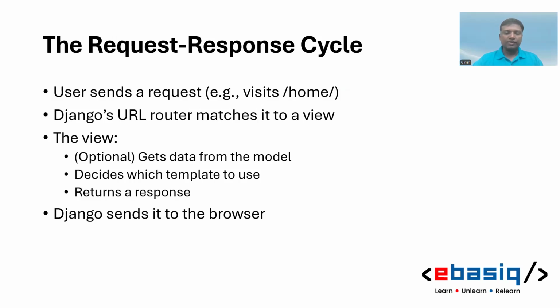Okay, and in the view, we can get data from the model if we have it connected dynamically to the database, or it decides which template to use and returns a response. So that is the behavior of the view. And now Django sends it back to the browser. Okay, so that is the request response cycle.